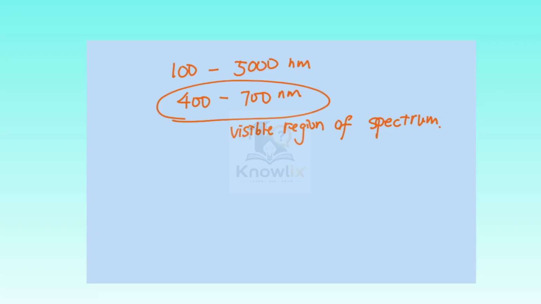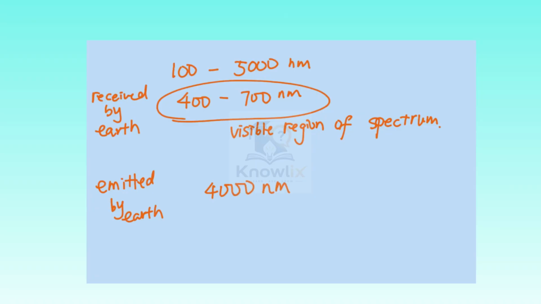However, for the radiation emitted by Earth's surface, most of the energy is at wavelengths longer than 4,000 nanometers.